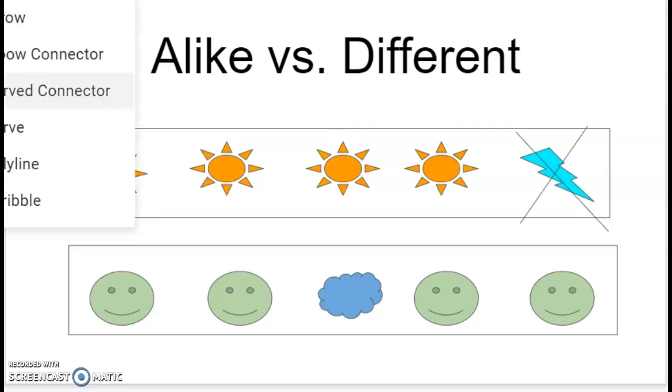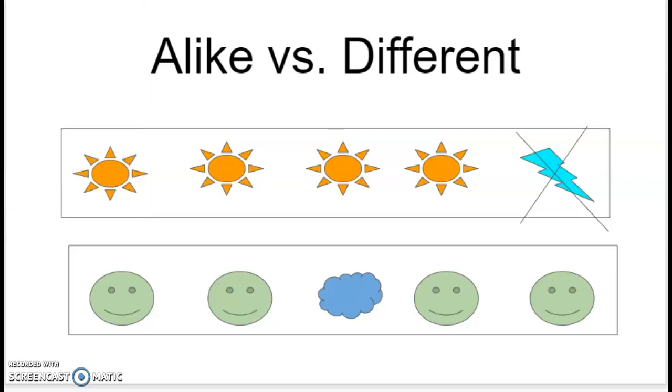So I might put an X on it. I might say, oh, this one's different, right? There's my X. That one's different. Okay? Because this smiley face looks like this smiley face, which looks like this one and this one. So we have smiley face, cloud, smiley face, smiley face. So I know the cloud is the one that's different.